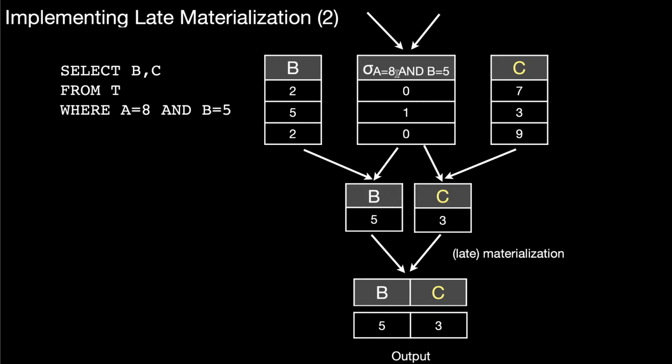You can stream that, of course, perfectly. And then you only keep the ones where the bit vector is set to true, to 1. And that's only this one. And then if you want, you still have it here in column layout, but if you want, you can put it into a tuple-like layout, depends on who's consuming that. And that's your result. So that's how you could do late materialization.